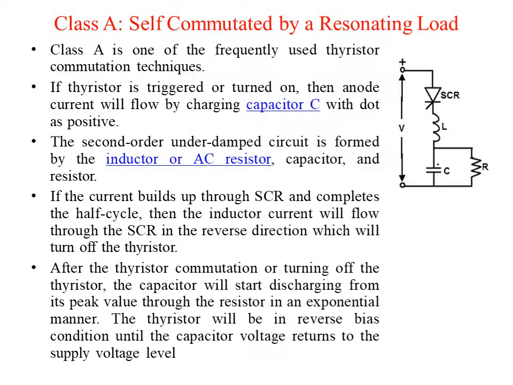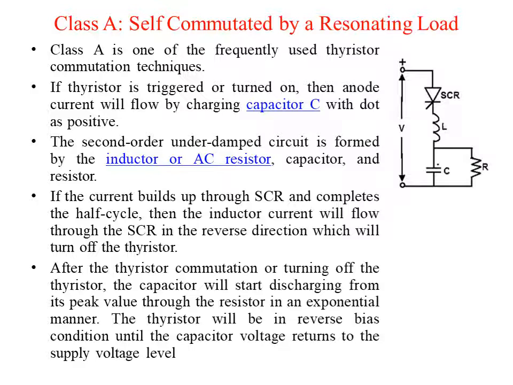be turned off. After the thyristor commutation, or turning off the thyristor, the capacitor will start discharging from its peak value through the resistor in an exponential manner. The thyristor will be in reverse bias condition until the capacitor voltage returns to the supply voltage level.